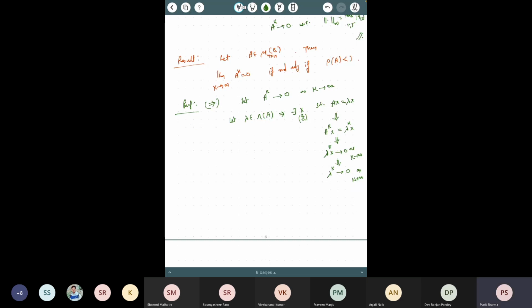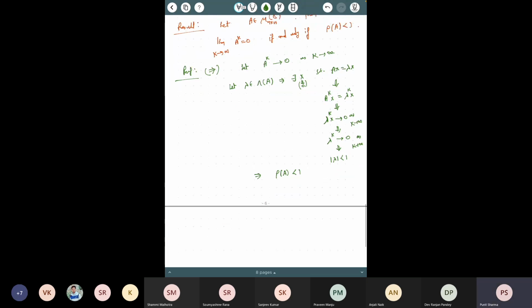When this is true, what does it imply? Mod lambda is less than 1. This is true for any eigenvalue lambda. So this implies that rho(A) is strictly less than 1.